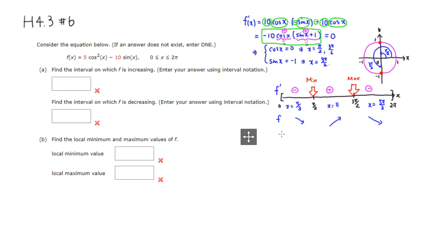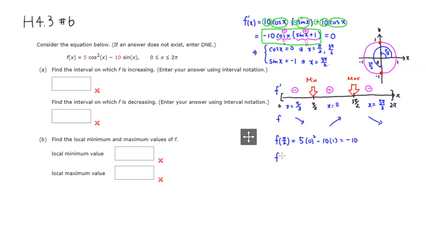So we need to find f of pi over 2. It's going to be 5, and cosine of pi over 2 is actually 0, so 0 squared, minus 10 times sine of pi over 2, which is 1, so 10 times 1, so it's going to be negative 10. That's going to be the minimum.